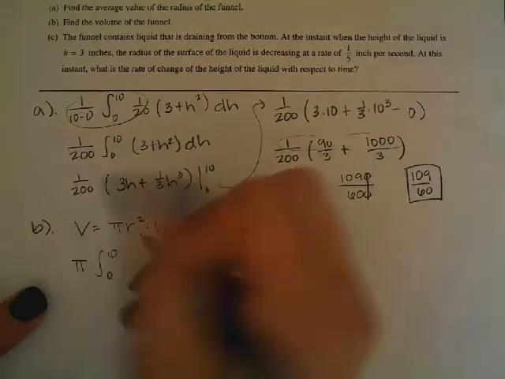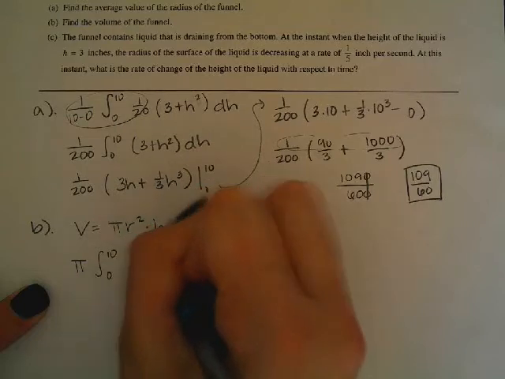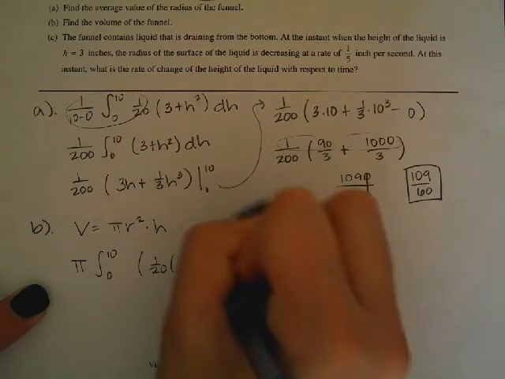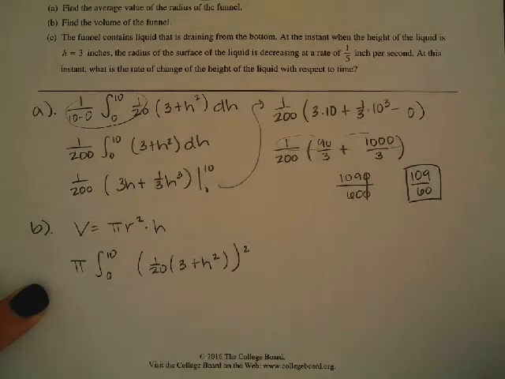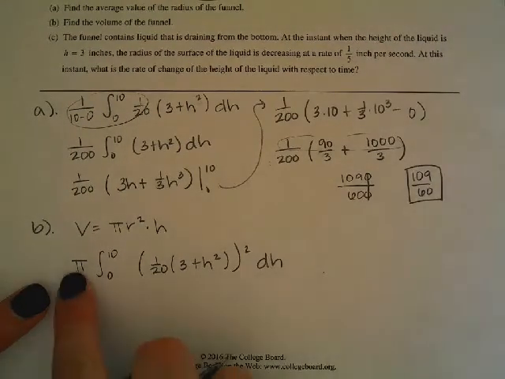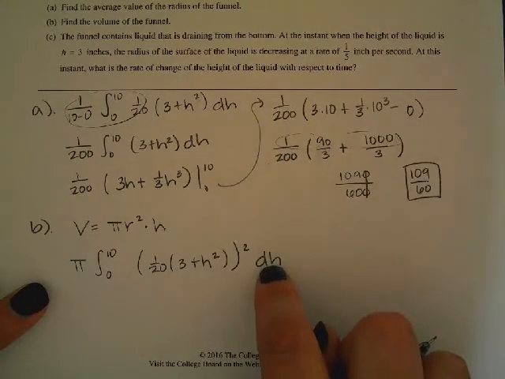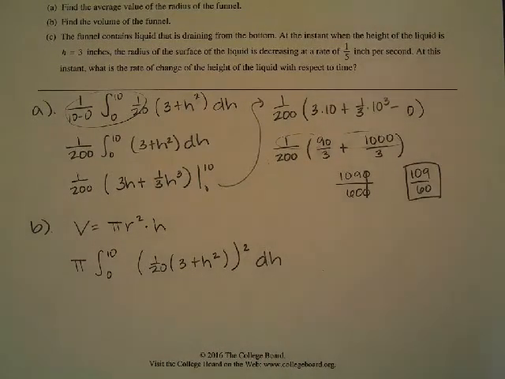So I'm going to have r squared, so 1/20th, 3 plus h squared. There's r squared, and then dh is that height. So I've got pi r squared h. Interesting problem, right? But that's kind of how it works.